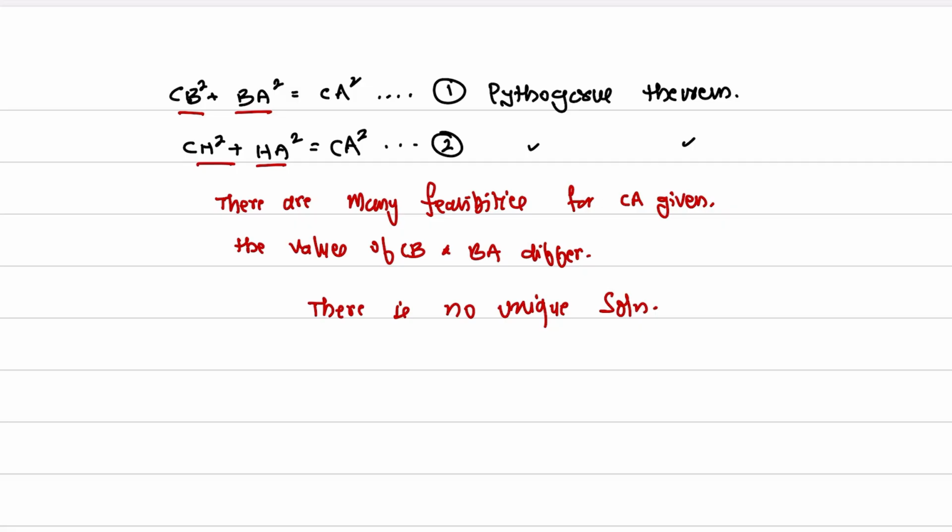We are preparing for an examination where thoughtfulness is required, where assumptions are required, to find accurately whether a unique solution is possible or not. With that intention, I have deliberately given this particular question.